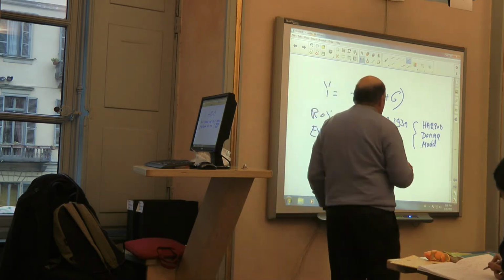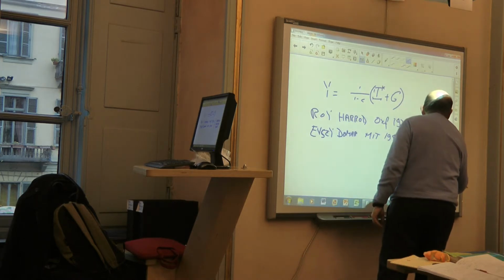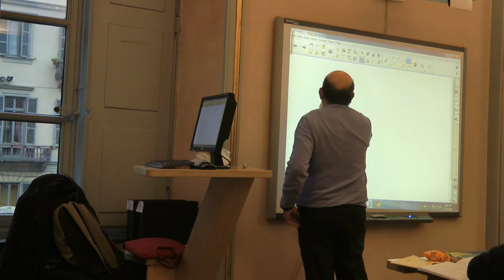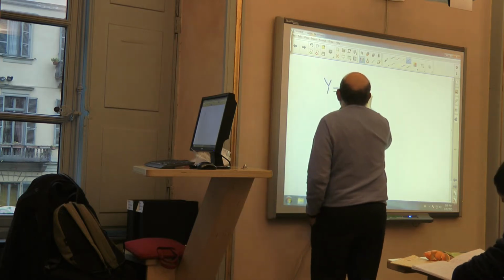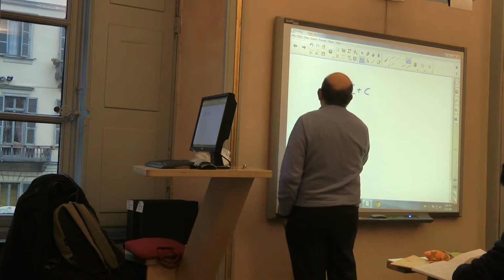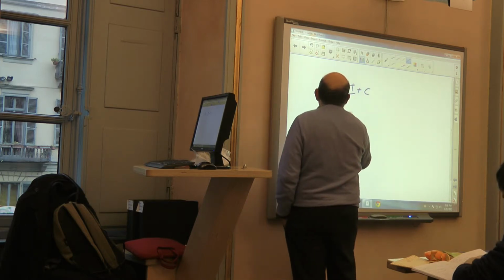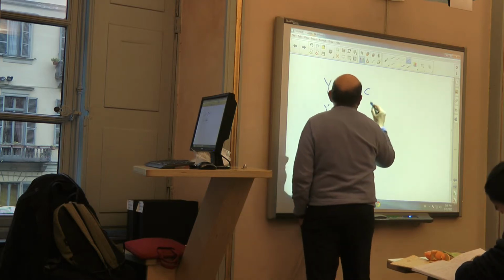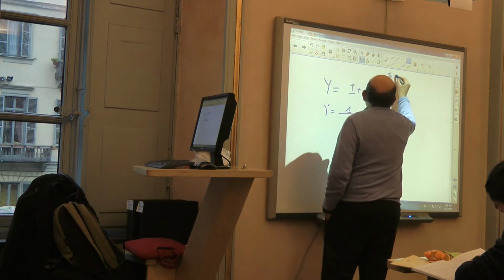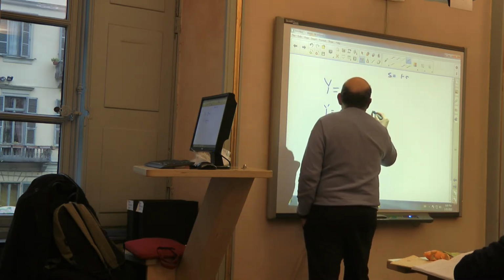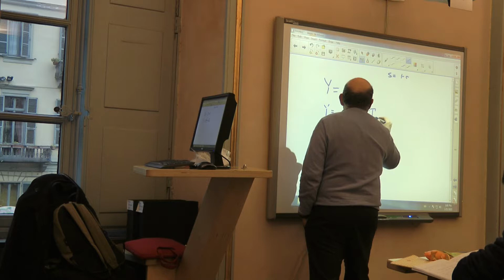they pointed out that investment, so you have the Keynesian relation, Y equals 1 over S times I, where S is 1 minus C. That's the Keynesian relation.